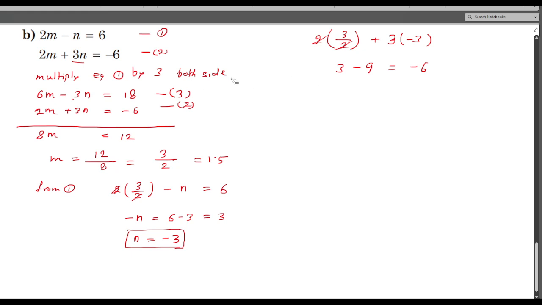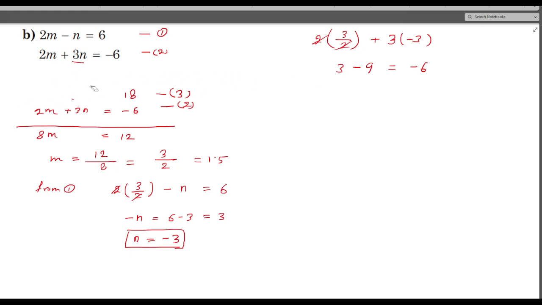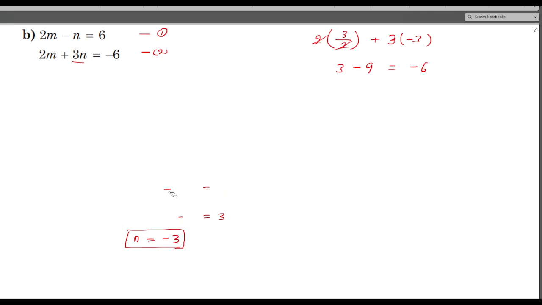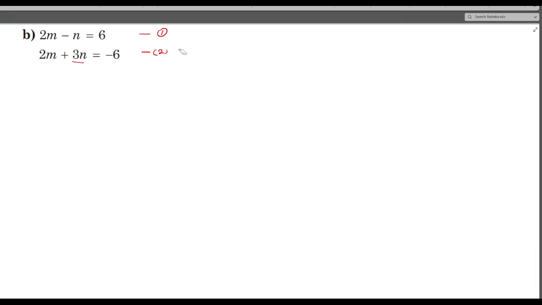Here one thing: I made the coefficient of n the same, but if you see, the coefficient of m is already the same. So in that case, instead of multiplying equation number 1 by 3, we can simply add or subtract.